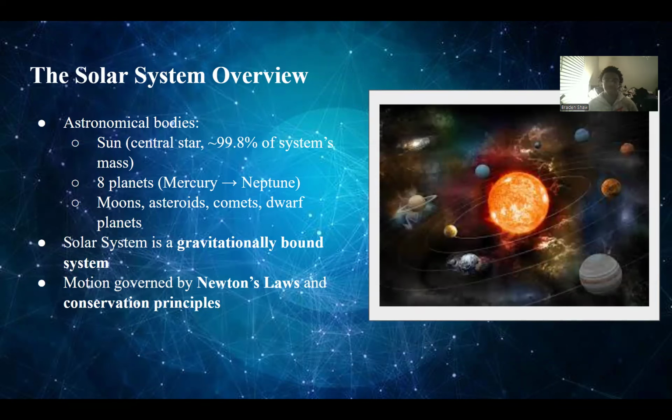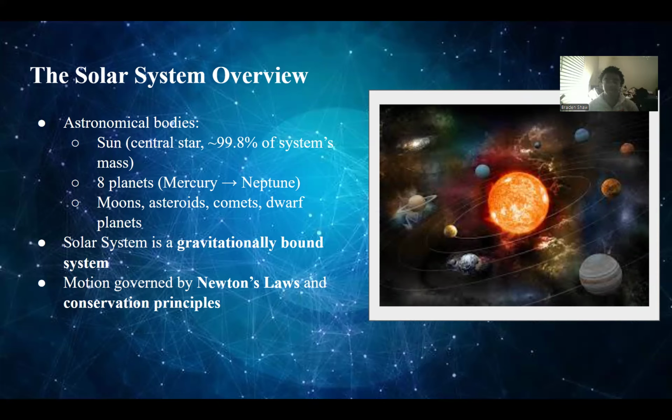So next slide, the solar system overview. To start, the solar system is a gravitationally bound system made up of a variety of astronomical bodies. At the center is the sun, which holds about 99.8% of the entire system's mass. Surrounding the sun are eight planets, ranging from Mercury, the closest, all the way out to Neptune.